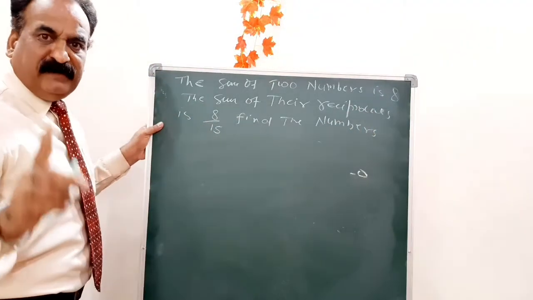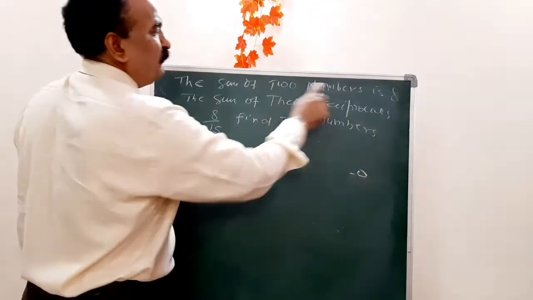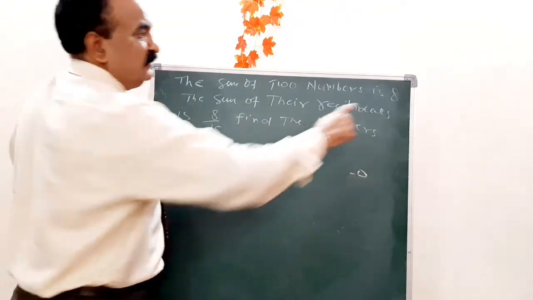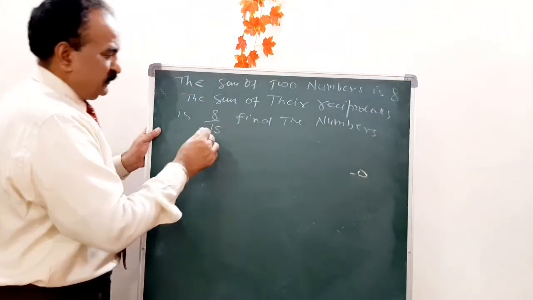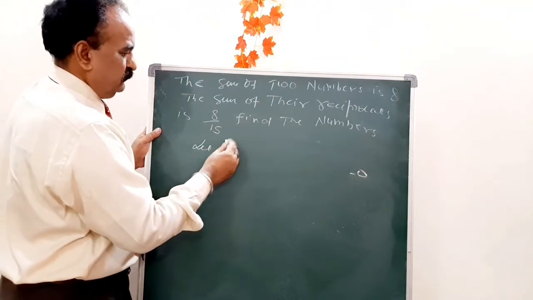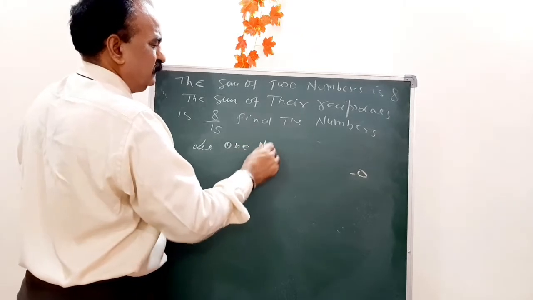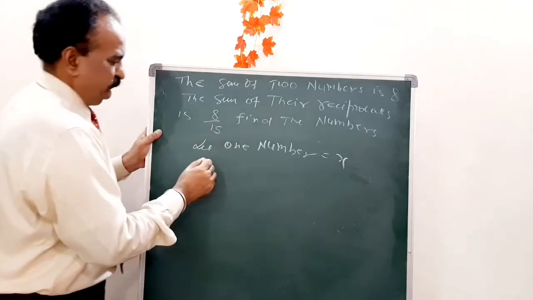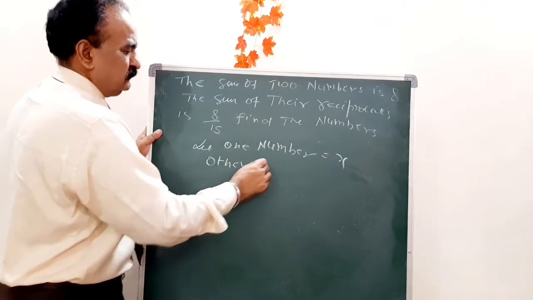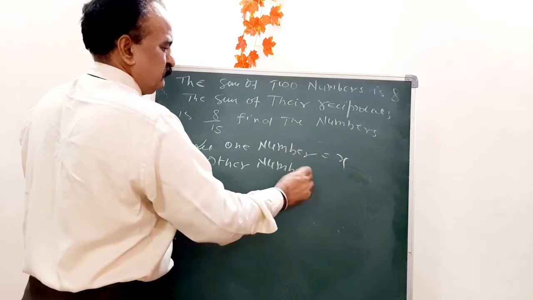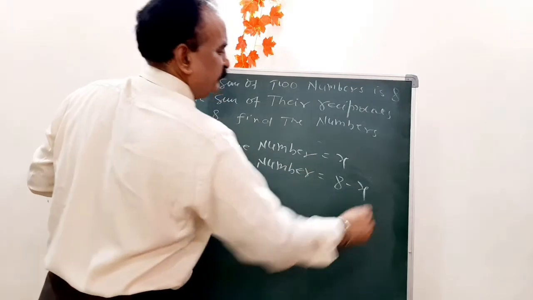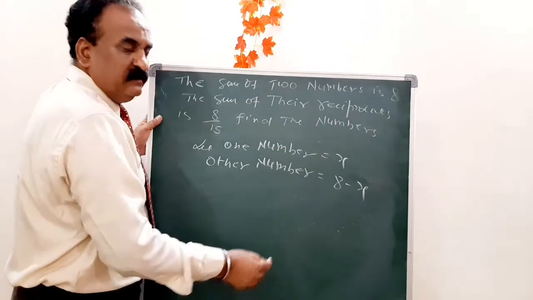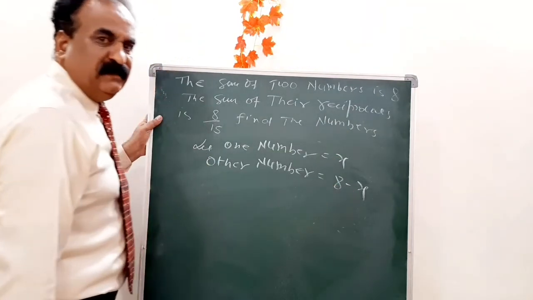It means one number will be x according to the question. The sum of two numbers is 8. It means if you are taking one number equal to x, then the other number will be 8 minus x. Let one number be equal to x, so the other number is equal to 8 minus x, and according to the question, sum of their reciprocals, it means 1 upon x plus 1 upon 8 minus x.